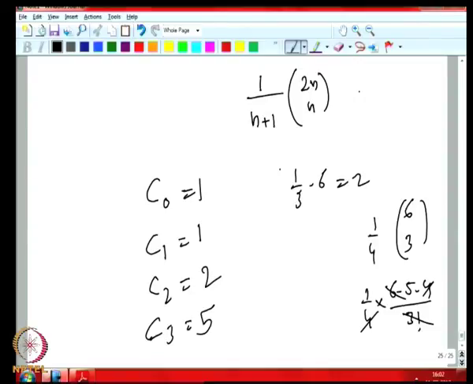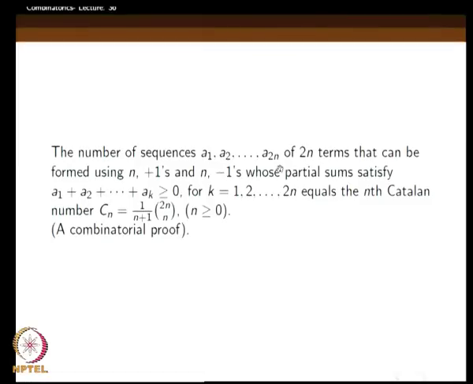Now, our next question is about some sequences. We will see that the Catalan numbers happen to be the answers of several other questions also. At first look they may look different, but we will show that the underlying recurrence relation there is also the same as this. Maybe that is one way of figuring out whether the Catalan number is hiding inside, irrespective of the appearance of the problem.